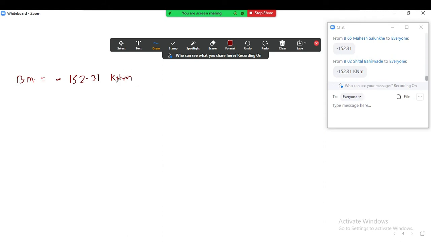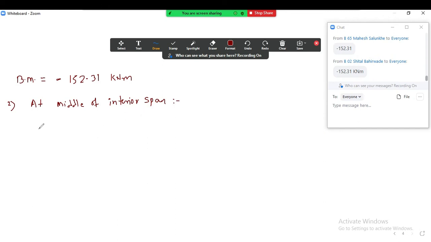Now the next thing, second, at the middle of the interior span. So what are the coefficients? 1 by 16 and 1 by 12.